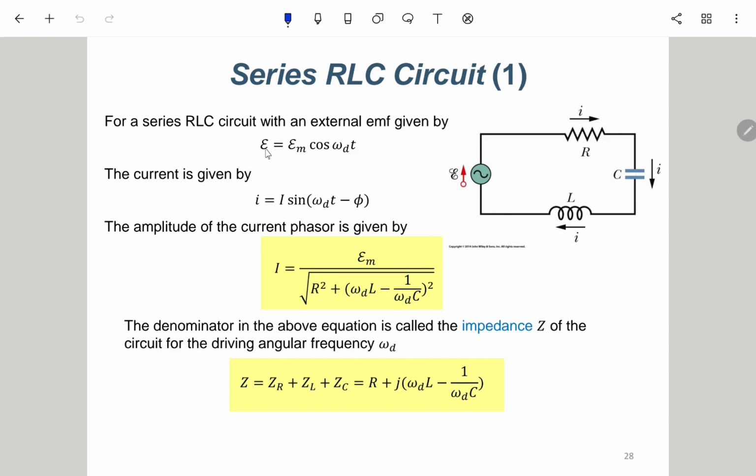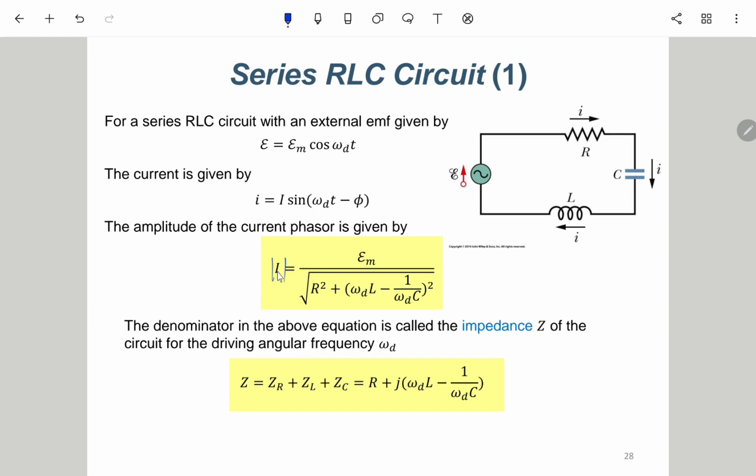Okay, so here we have this source E to be Em times cosine omega_d t as before, and actually the current is given by I to be this expression, where I has the amplitude, or I should say this is the absolute value or the amplitude. Okay, it should be something like this.